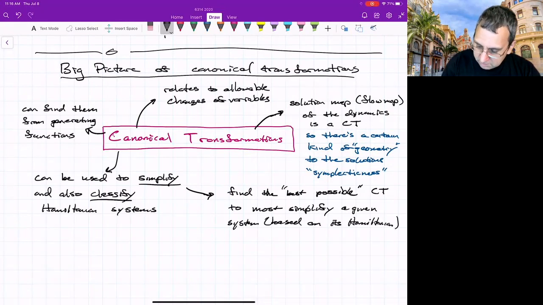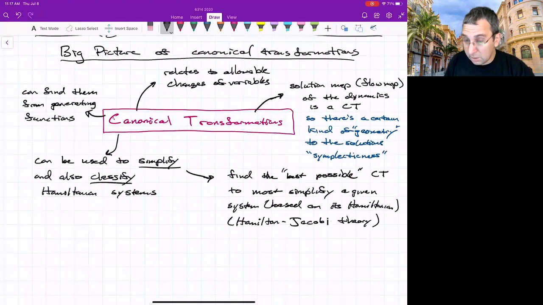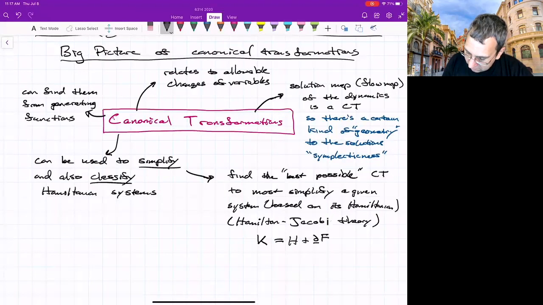And this is the subject of Hamilton-Jacobi theory. To give another hint of what that means, it's based on using a time-dependent generating function, where the Hamiltonian in the new coordinates, which we've above called K, remember that's H plus partial of the generating function with respect to t, we want that to equal 0.